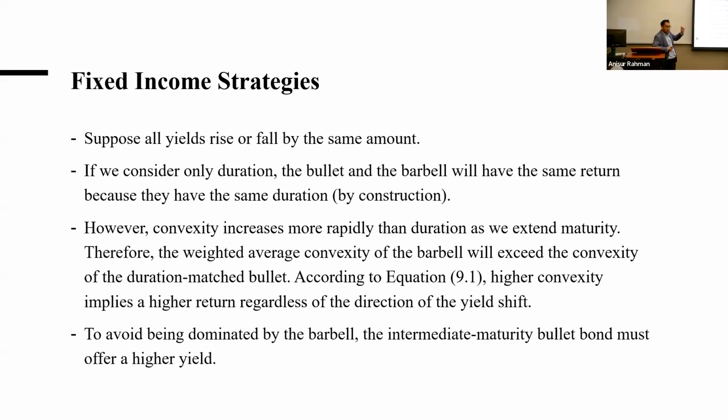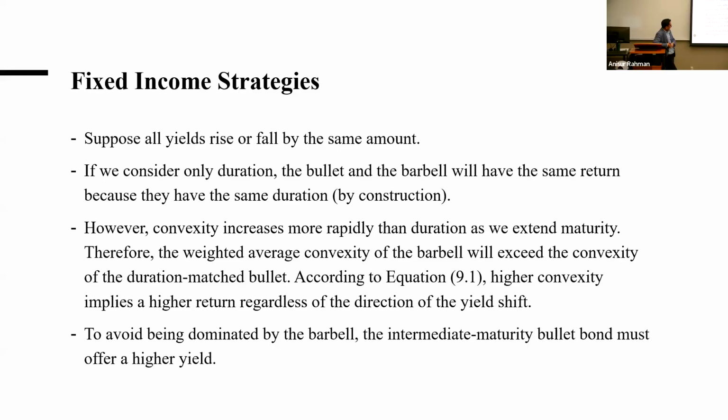If we consider only duration, but duration is not the full picture, especially for larger changes. However, convexity increases more rapidly than duration as we extend maturity. Therefore, the weighted average convexity of the barbell will exceed the convexity of the duration-matched bullet, right?